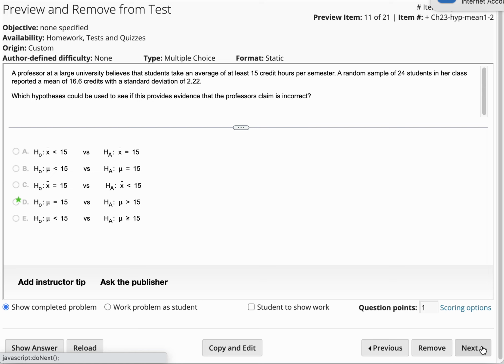The students on average take at least 15 hours. The at least is the phraseology that's going to point you in the direction of the alternative, meaning they take 15 hours or more. So the alternative is a greater than.